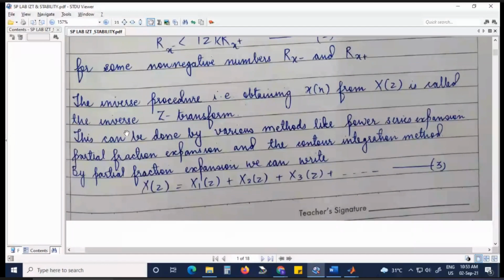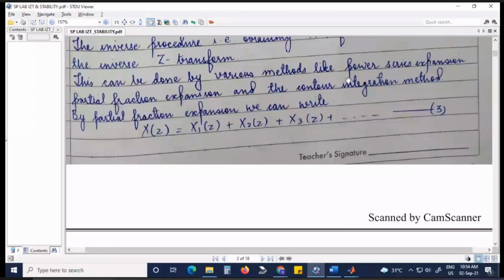The inverse procedure of obtaining x(n) from X(z) is called the inverse Z transform. This can be done by various methods like power series method, partial fraction, and the contour integration method. By partial fraction expansion, we can write X(z) as a sum of separate expressions X1(z), X2(z), X3(z).